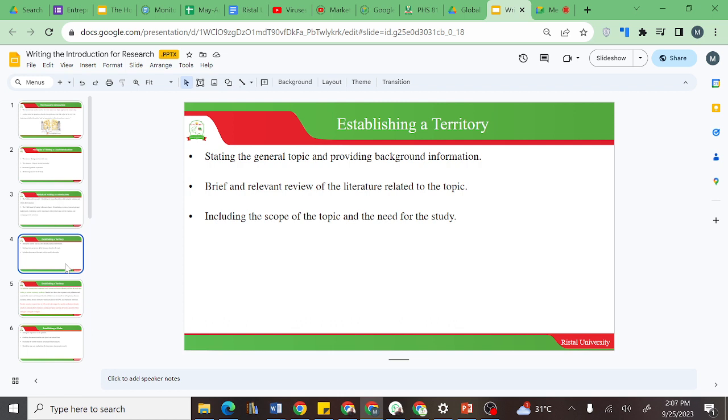If you're going to do immunization, for example, the factors that influence the utilization of immunization services, that is your topic. Now, your territory is immunization in general. So the first part of your introduction is going to talk about immunization in general.